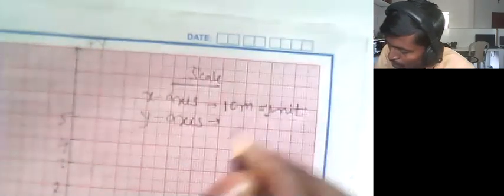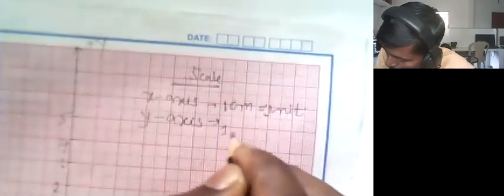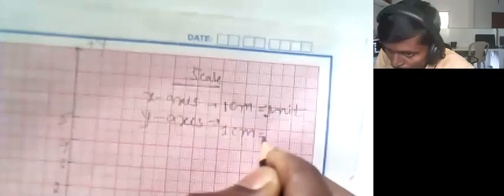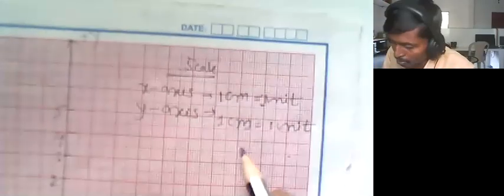Therefore on the x-axis 1 centimeter is equal to 1 unit. Similarly on the y-axis, 1 centimeter is equal to 1 unit.